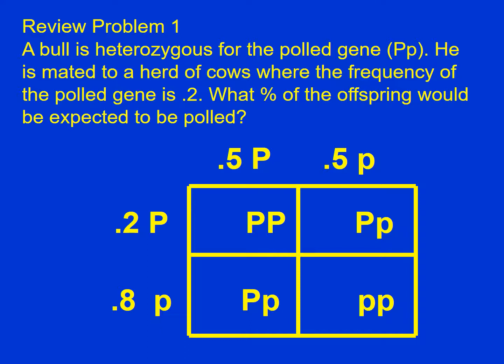So we've got the Punnett square set up, and we've put the alleles from the male here and down in this column, and then we carry through the genes from the female. Now we do need just to do some multiplication. 0.2 times 0.5 equals 0.1 in this square.